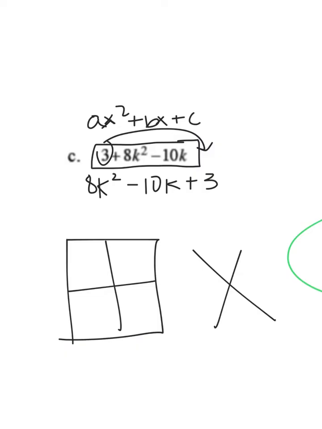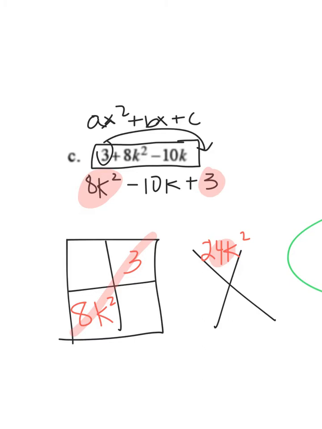As a reminder of how the diamond and rectangle work, the first and the last, or the squared and the one with no x's, go into the diagonal. And then we multiply this diagonal together and put it into our diamond problem. 8 times 3 is 24, k squared.